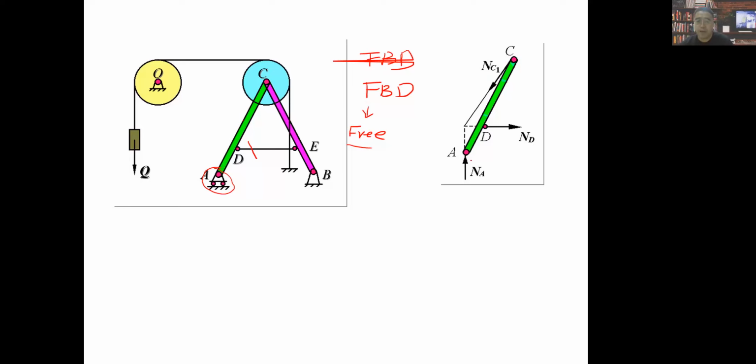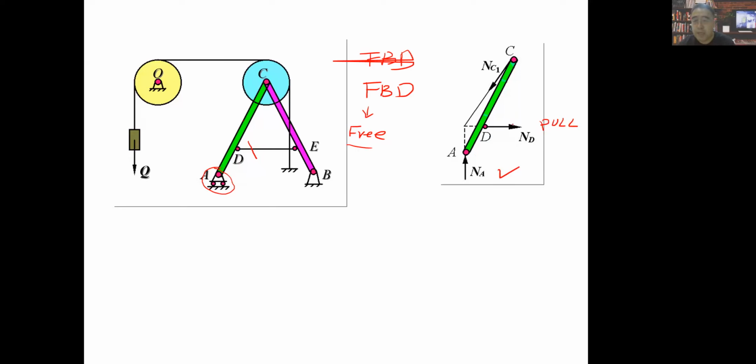So actually we have an NA here, always like this, because it never prevents translational movement along the horizontal line or along the x-axis, right? So NA is always this. And NB is always this because it is a rope, a tension constraint. It always pulls, never pushes.